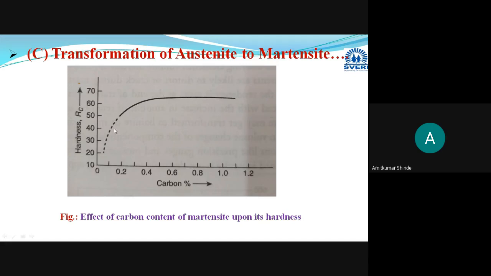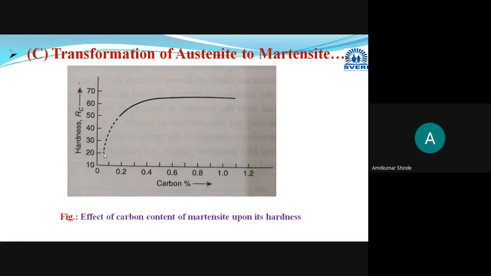Here it is almost impossible to do the cooling. To get martensite, we require a very fast cooling rate, and it is not obtainable in practical life. We do not have those sources available. That's why these low carbon steels are non-hardenable.